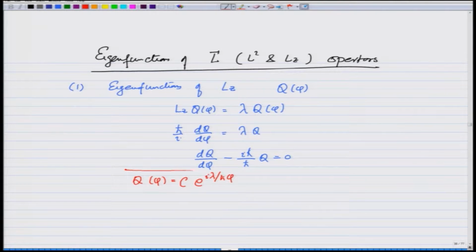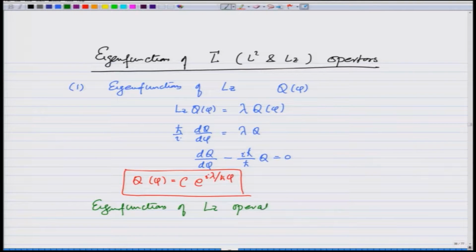These are the eigenfunctions. So eigenfunctions of the Lz operator are some constant c times e raised to i lambda over h cross phi. We are yet to find lambda, but these are the eigenfunctions.